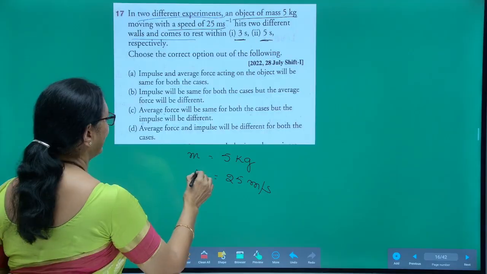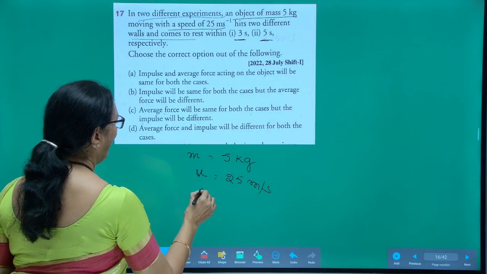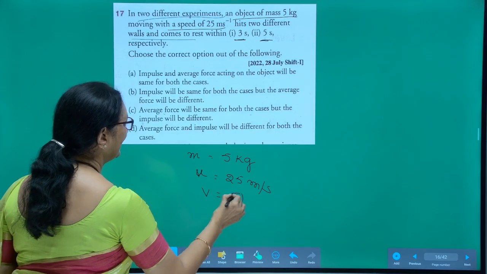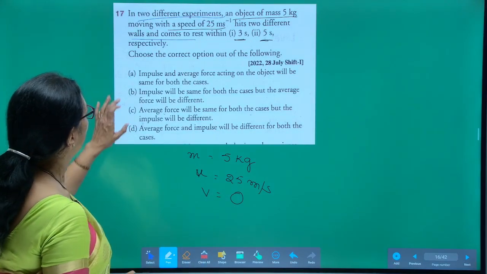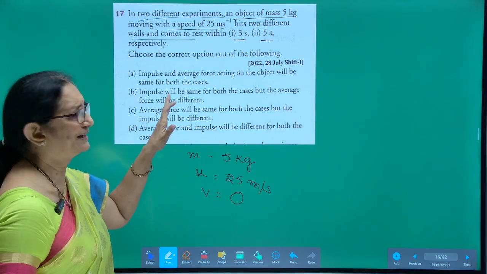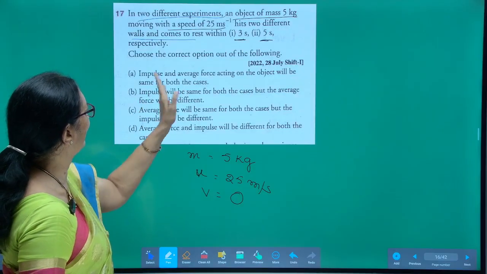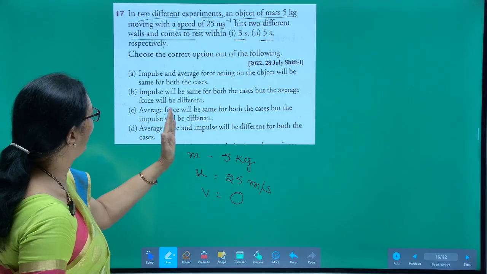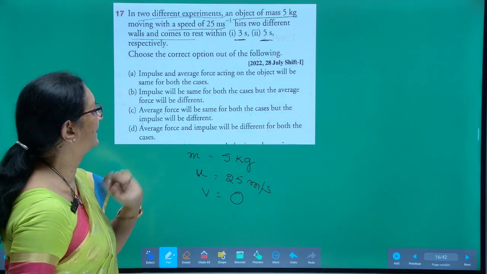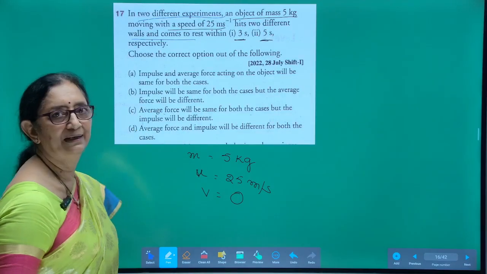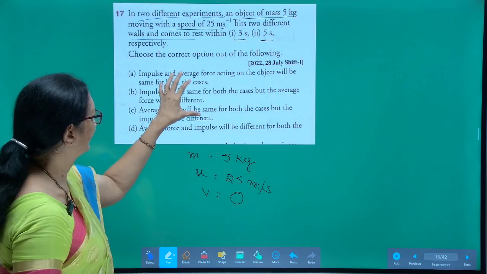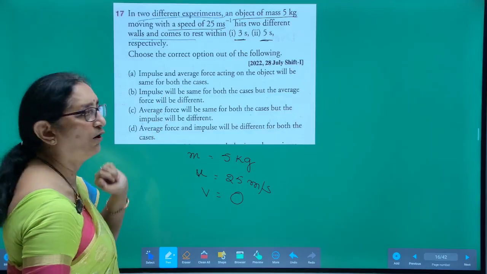So, initial velocity is this and it comes to stop, so final velocity is 0. Choose the correct option. They are talking about impulse and average force in all the options.